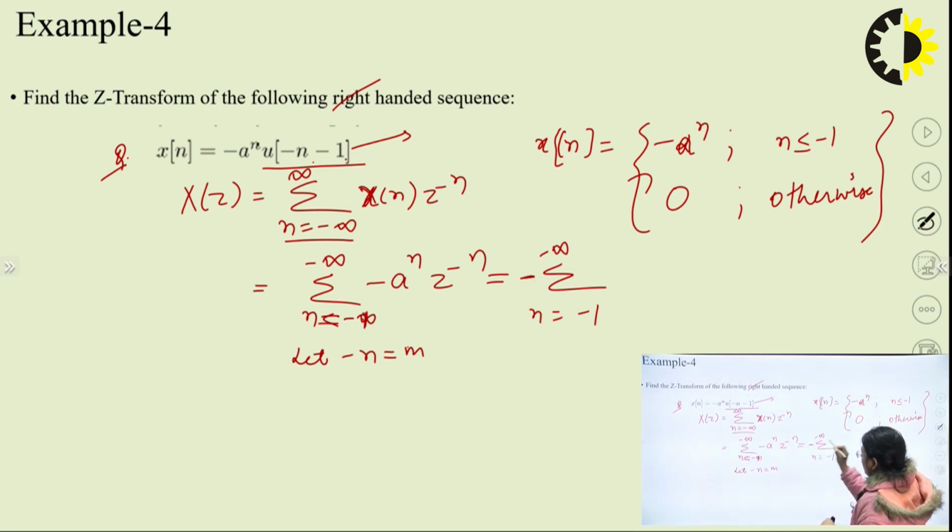I am taking the minus sign outside, and it is a^-1 z^1 raised to the power -n.